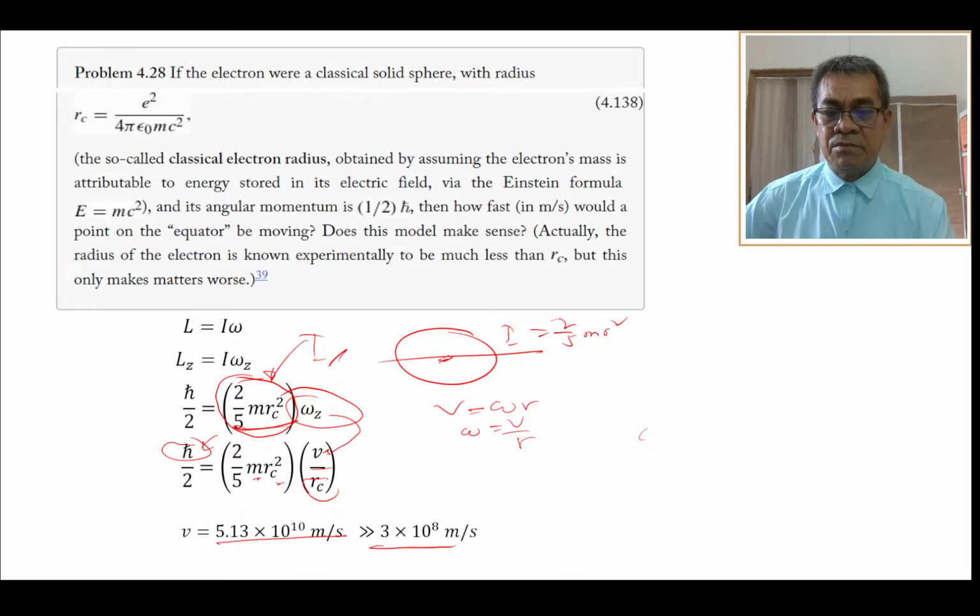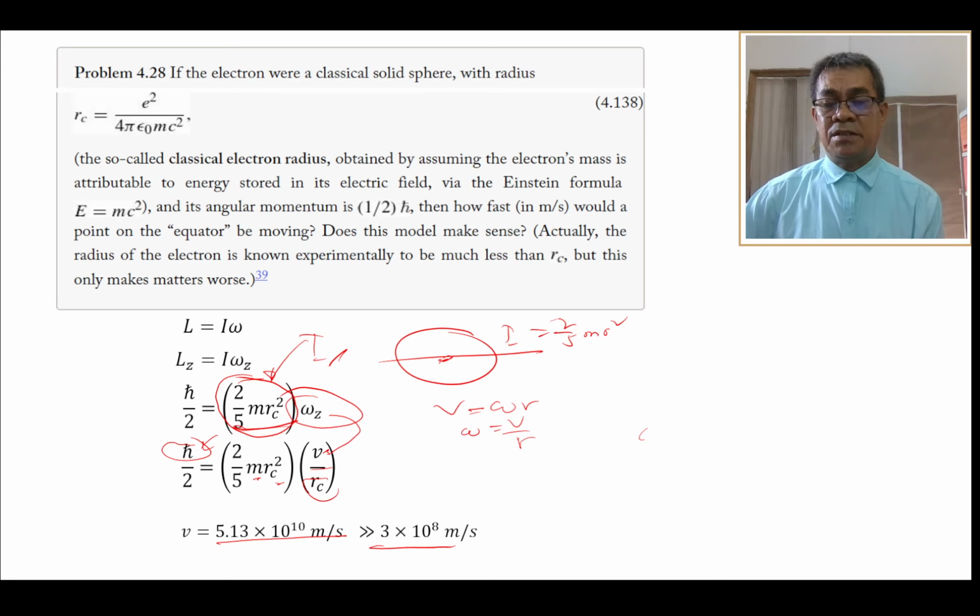It is impossible for an electron to reach a velocity equal to or greater than the speed of light, because only photons can travel at the speed of light. So this velocity is not realistic, because it is much greater than the speed of light.